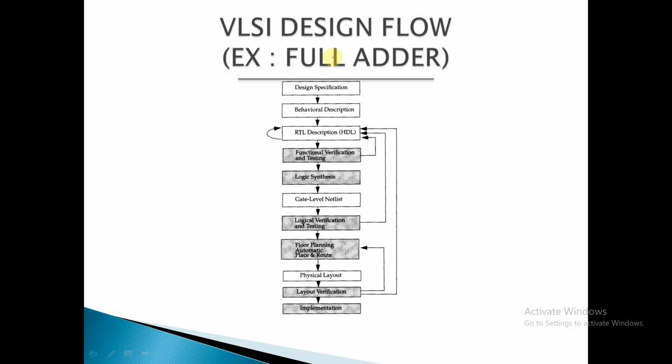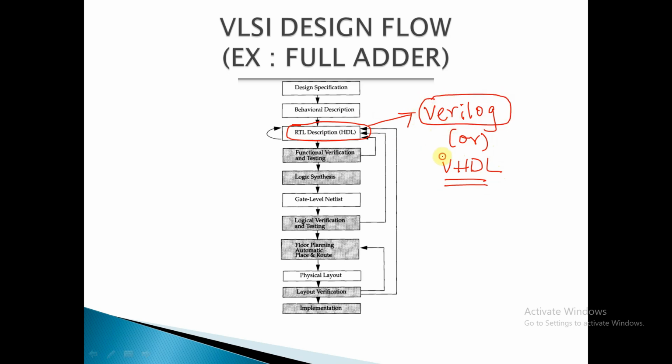The third step, where we are going to use our Verilog language, is RTL description, or HDL. In this step, you can use two different languages: one is Verilog, or you can also use VHDL. These are the two programming languages available for writing the RTL description, register transfer level.